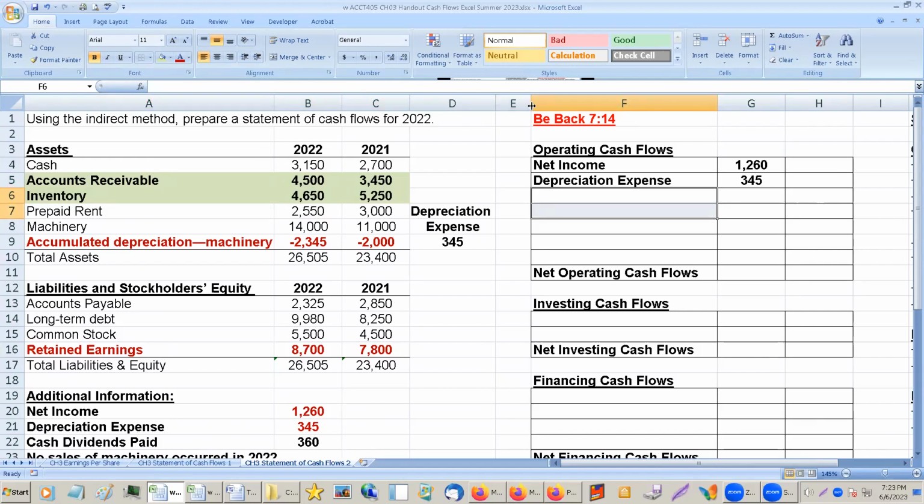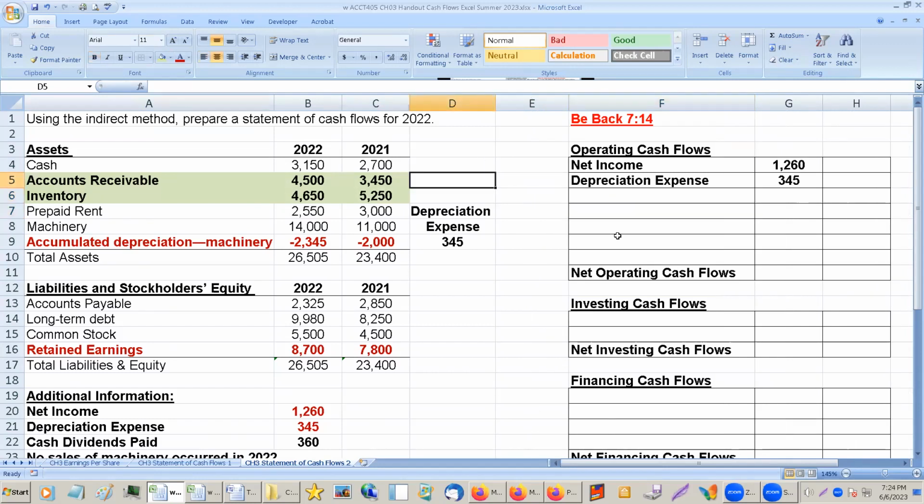Okay, the accounts receivable increased. And our inventory decreased.